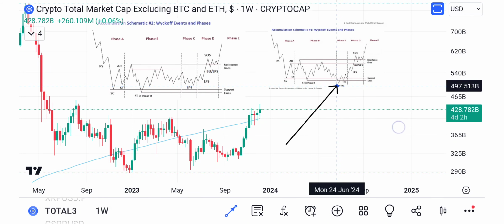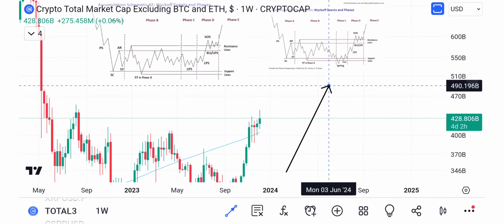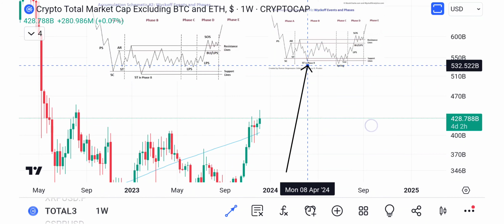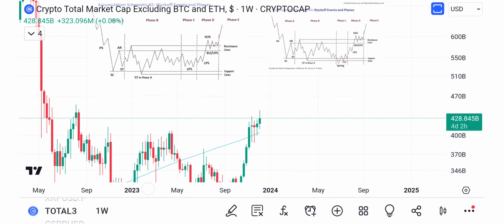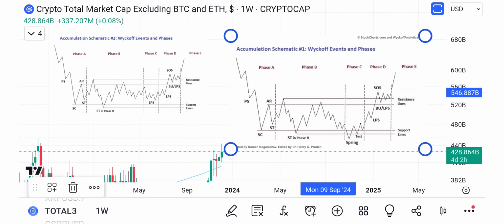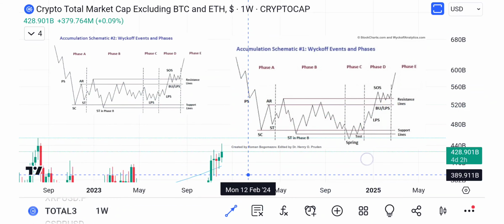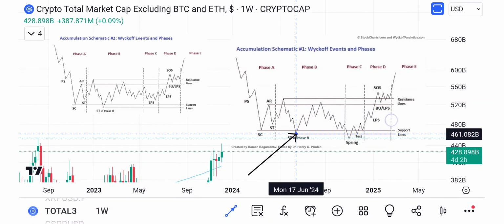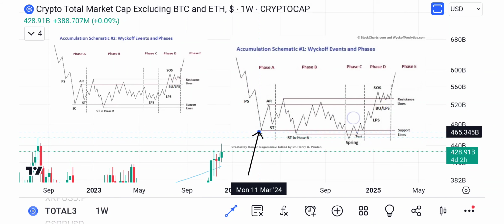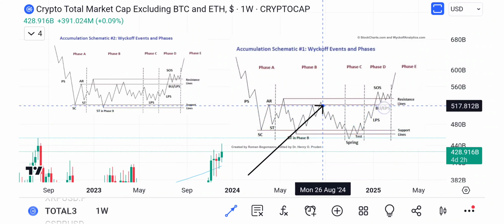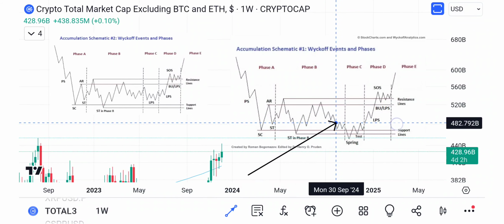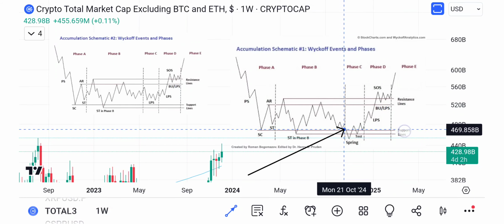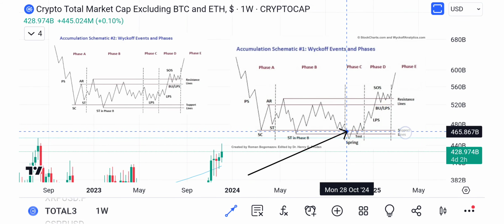What does retail do? They all go short. And let me actually make it bigger so we can see. So here's your support, and then what happens? The price comes all the way down. Everybody's getting bearish, more bearish, more bearish, and then all of a sudden, people say, "All right, I'm going to sell everything."